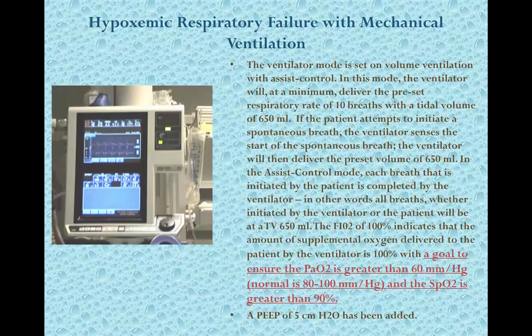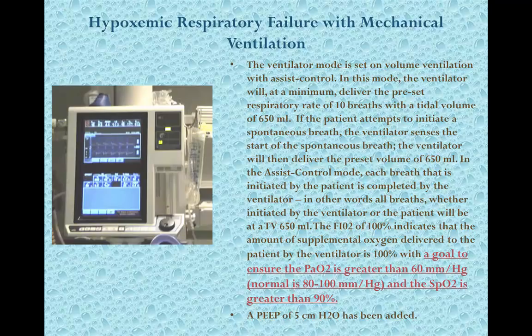When we look at the FiO2, it is the supplemental oxygen that is being delivered to this patient. The room air or normal oxygen that you and I breathe when we're not on ventilators is 21%. The goal for oxygenating a patient on a ventilator is to ensure that the PaO2 is greater than 60.